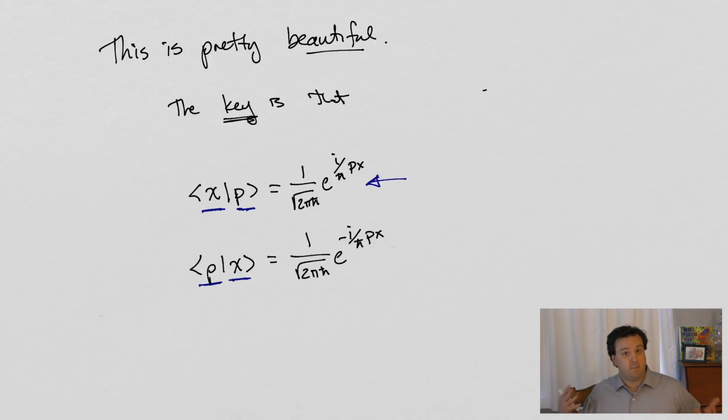It's putting it in a different basis. And the Fourier transform gives me the translation tool to go between those two bases. If I'm writing it down in terms of the position eigenstates, I call it the position wave function. If I'm writing it down in terms of the eigenstates of the momentum operator, then I would call it the momentum space wave function.